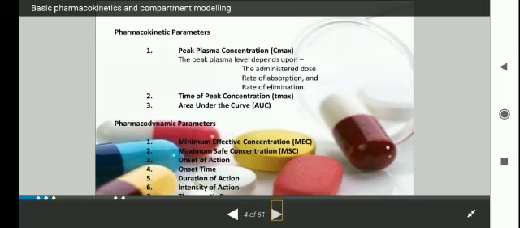MRT, AUC and AUMC, the area under the first moment curve, all come under the non-statistical parameters. I hope you have this in your syllabus also. So these all come under pharmacokinetic parameters.